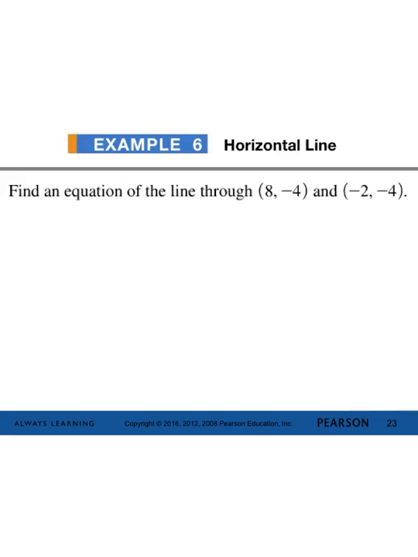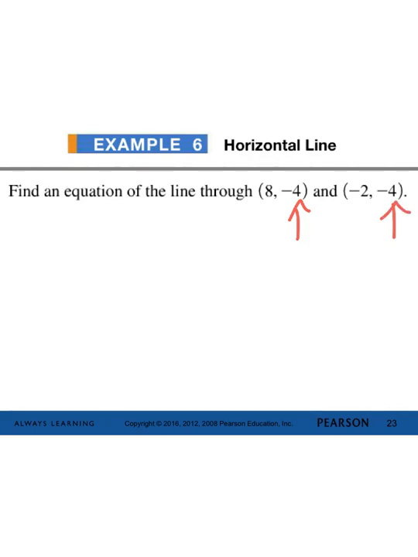Example 6 is an example of a horizontal line. If you weren't told that it's a horizontal line, what you should recognize very quickly is that your y values here are both negative 4, regardless of what x was.